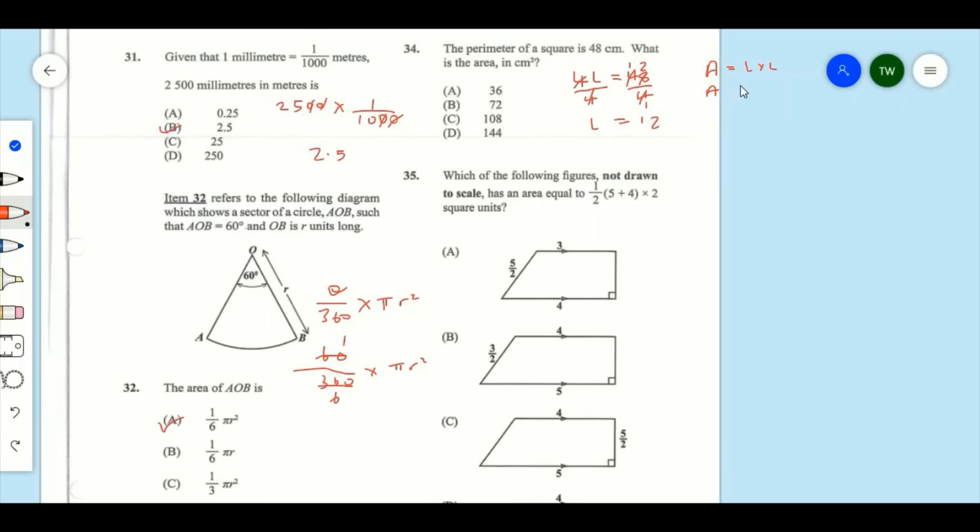So area is going to be 12 squared, and 12 squared means 12 times 12. So area is going to equal 144 square centimeters. And in this case, our answer is going to be D.